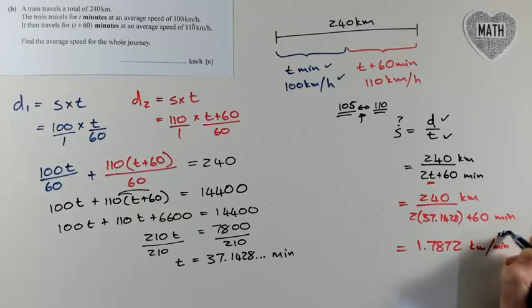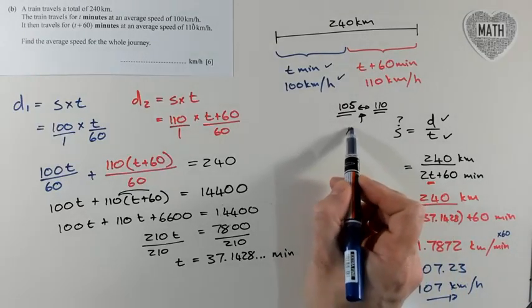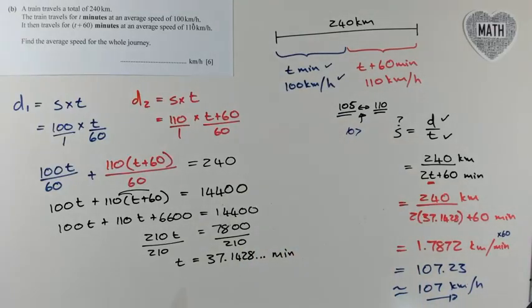So multiply by 60, and then we'd get a number like 107.23. And because it's an IG exam and they always want 3 significant figures, 107 kilometers per hour should be good enough. And you can see our estimate was very, very good because 107 definitely is between 105 and 110.